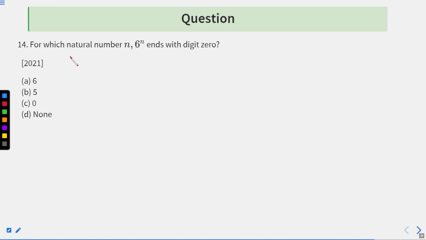In this question, we are asked for which natural number n, 6 to the power n ends with digit 0.